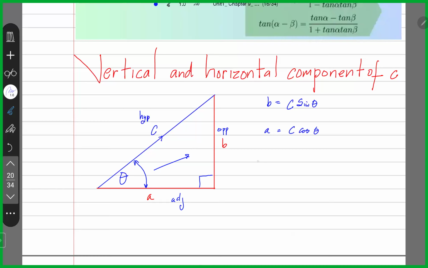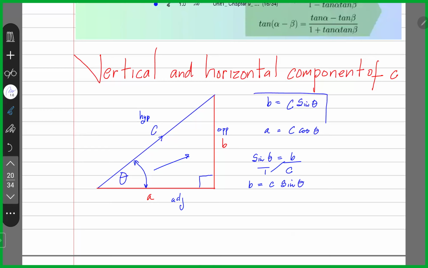The trig ratio that includes opposite and hypotenuse is sine, and C is the hypotenuse. The sine of theta is opposite B over the hypotenuse C. Cross multiplying, we get that B, the vertical component of my vector, is equal to C sine theta.